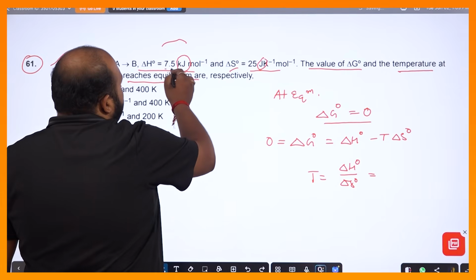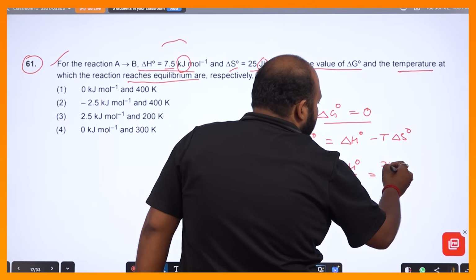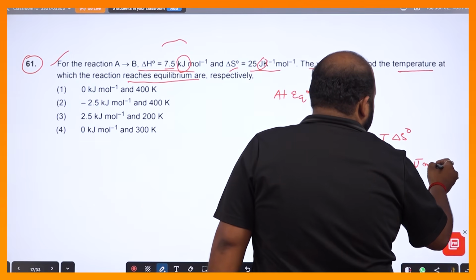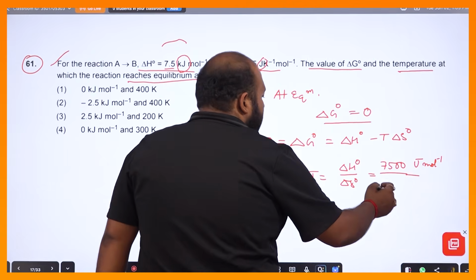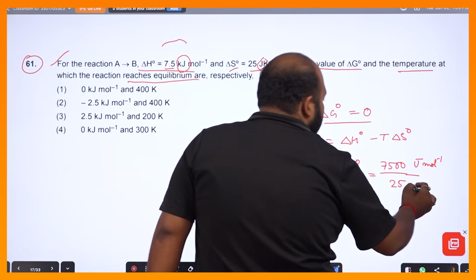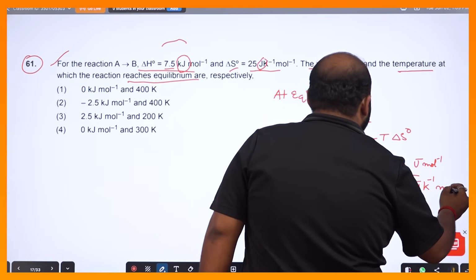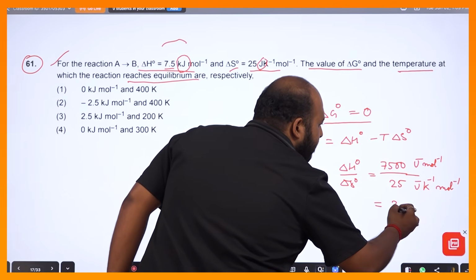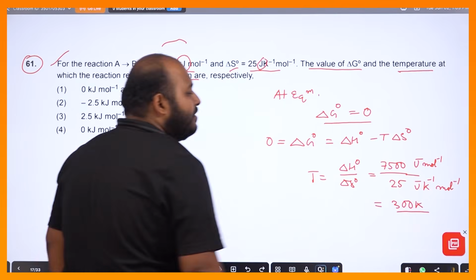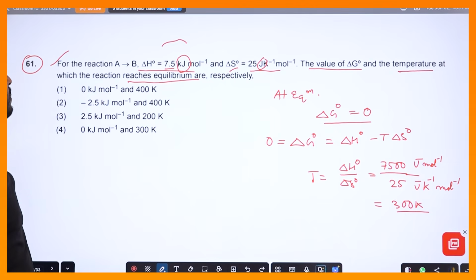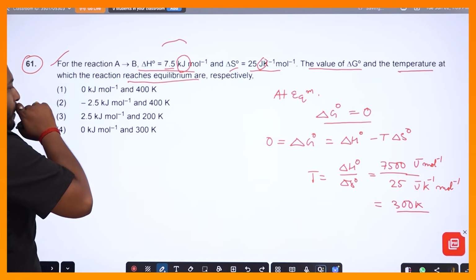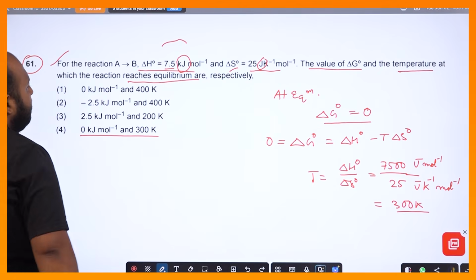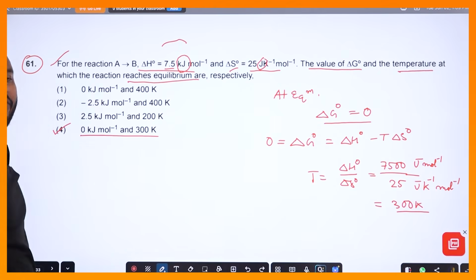If we convert it, we will have 7500 joule mole inverse, divided by 25 joule Kelvin inverse mole inverse. If we divide it, we will get 300 Kelvin as our temperature. So the correct option will be 0 and 300, option 4. Hopefully you understand this part.